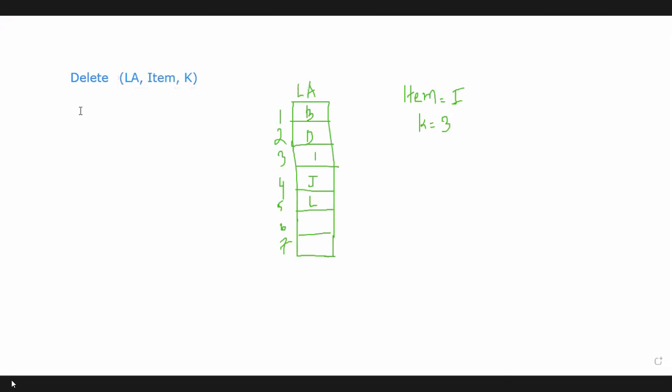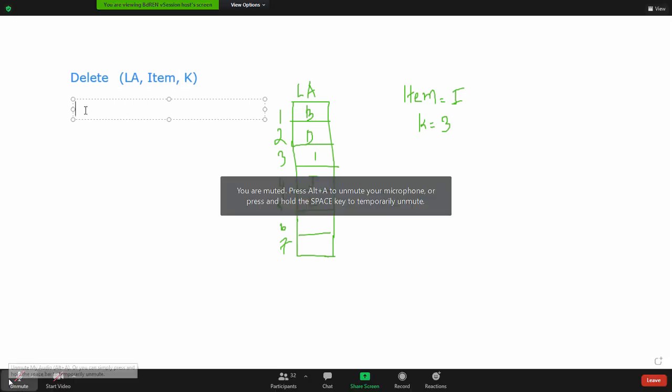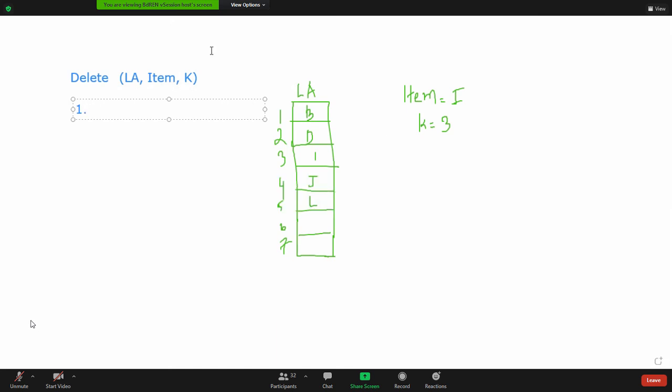So what should be the first step of the algorithm? Obviously, we need a loop variable, right? But do we need to actually initialize the loop variable here? In deletion operation, which item will be deleted is one kind of fixed, right? Index is given.